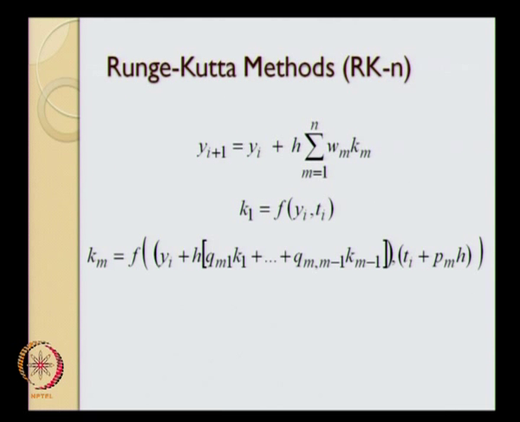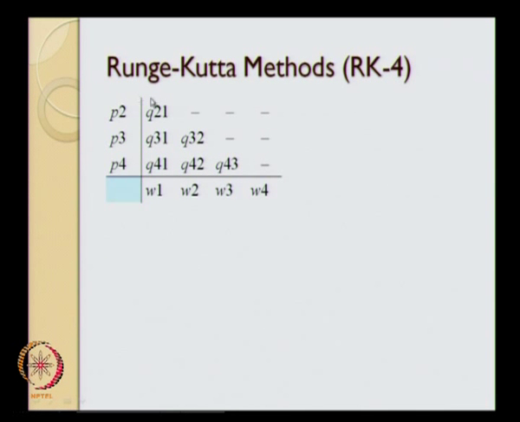Okay. And for the RK4 method we will have K1 and then this expression for K2, which will consider Q21 and P2, K3 will consider Q31, Q32 and P3, and K4 will have Q41, Q42, Q43 and P4. Okay.